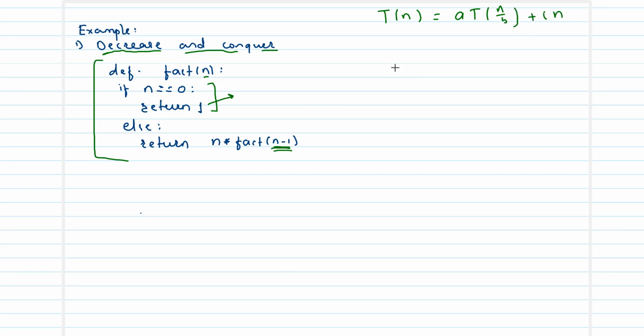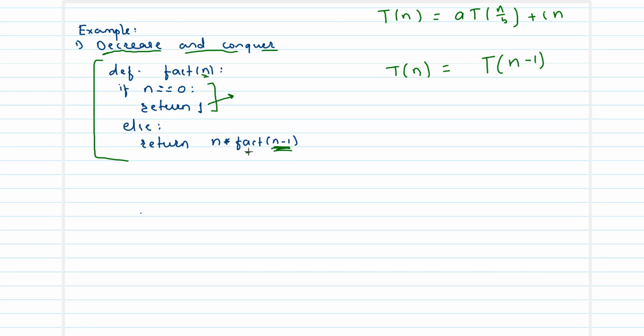Now the problem of size n, we are decreasing each time to n minus 1, so our equation here will be n minus 1, not n by b in this case.